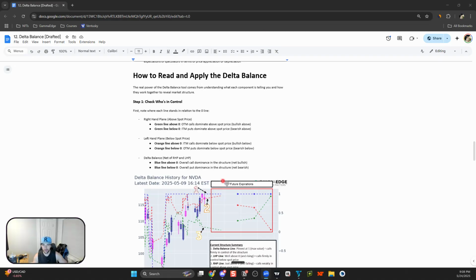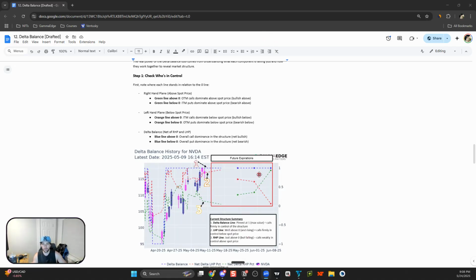Let's now get into how to read the Delta Balance tool and apply it. One, going out in time, it's important to understand where each of those lines is in relation to the zero line, right here. Focusing on the current positioning, we have the blue line, which is the net of above and below spot price.